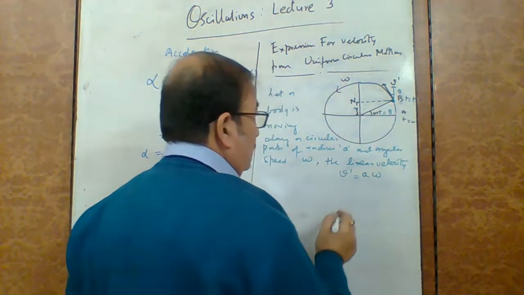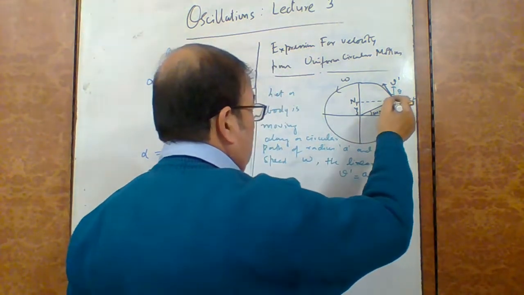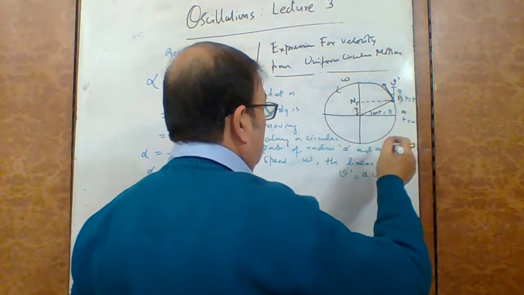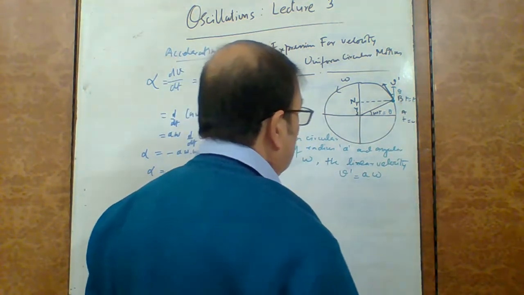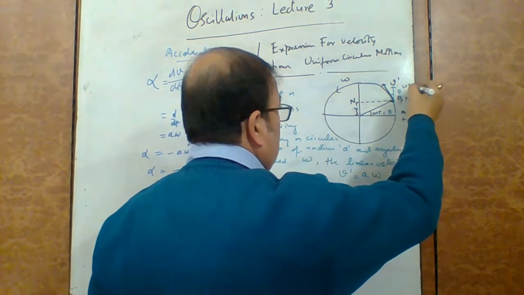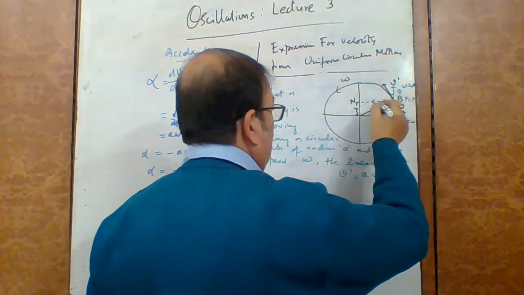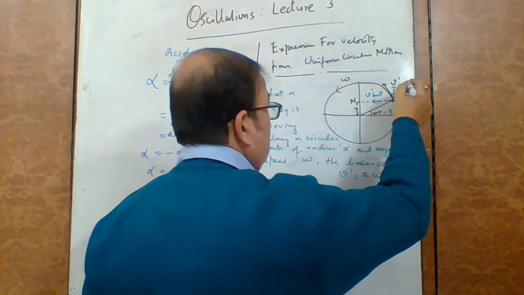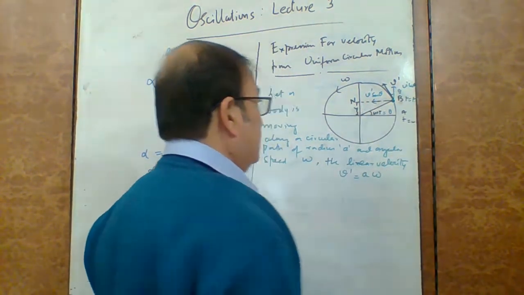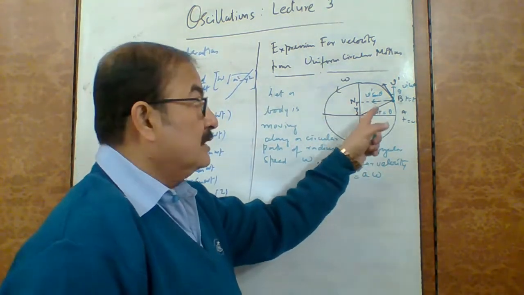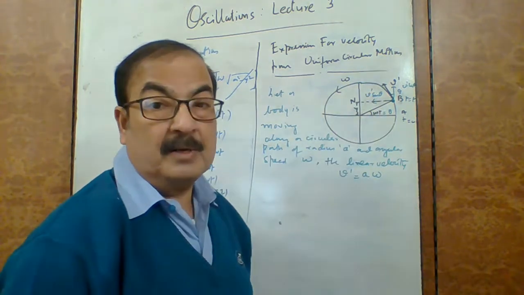This is theta, 90 minus theta, and this will also be theta. Now if this is theta, then this is v dash cos theta, and this is v dash sin theta. v dash sin theta is this one, and v dash cos theta is the upper one.